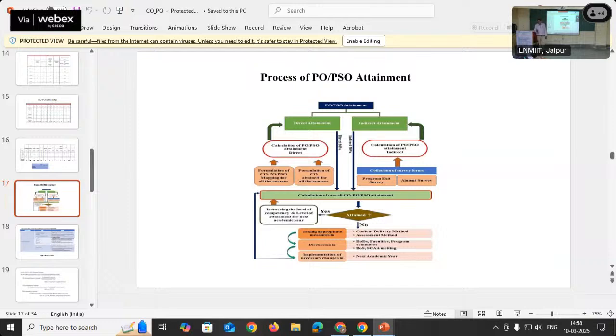You have to define the weightages inside the 20% also, okay? If you have framed the questions in such a way that one survey is more aligned towards PO, that will be given more weightage.